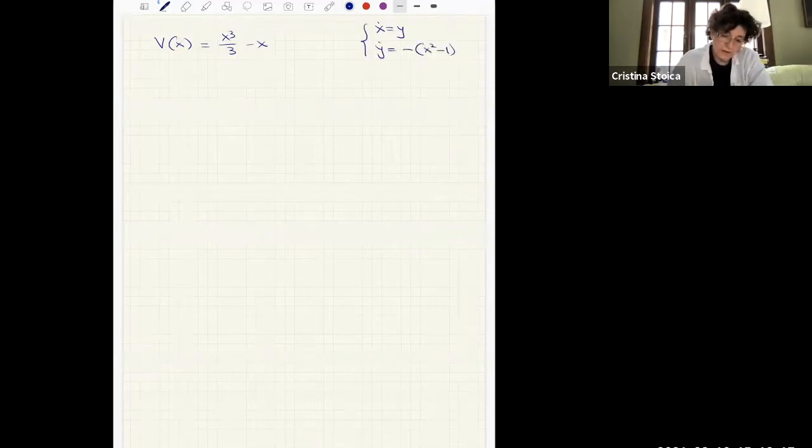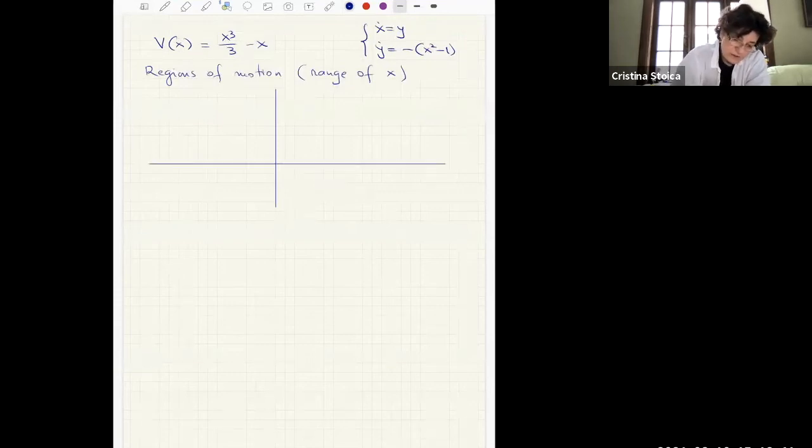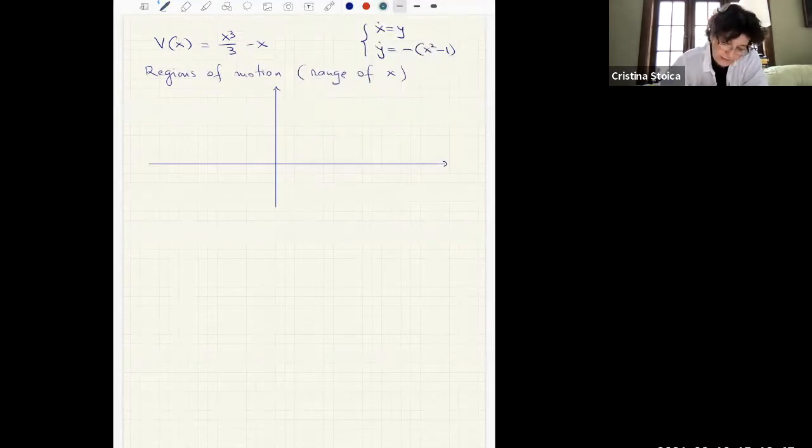So what I will do is plot the regions of motion, or if you want the range of x, that's another way of saying regions of motion, it's the same thing. Now I know how this function looks because I did it before. Let's make it with green. So it looks something like this.